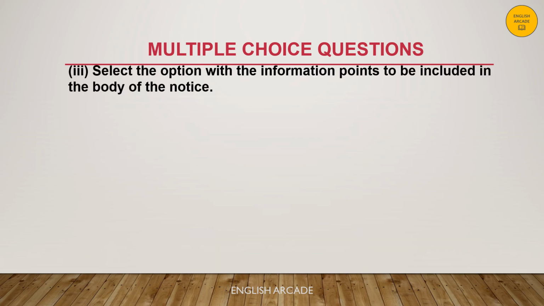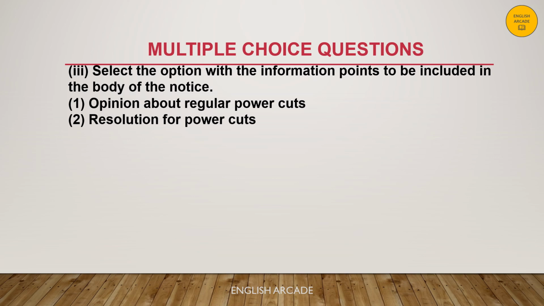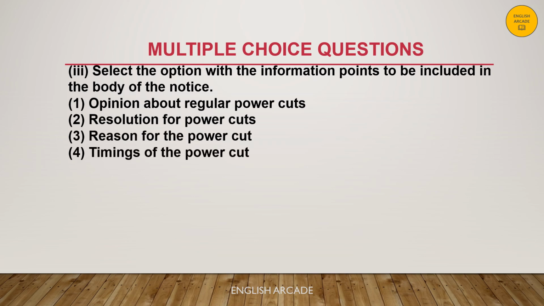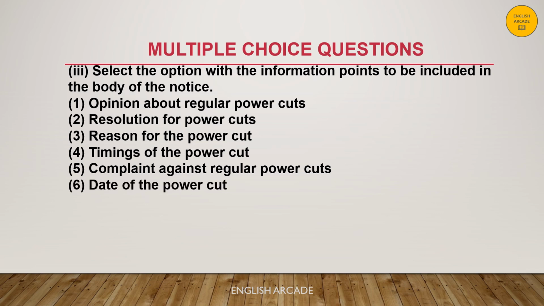Question 3. Based on the same extract, select the option with the information points to be included in the body of the notice. So there are options given and you will select the best options which have to be included in the body of the notice. 1. Opinion about regular power cuts. 2. Resolution for power cuts. 3. Reason for the power cut. 4. Timings of the power cut. 5. Complaint against regular power cuts. 6.